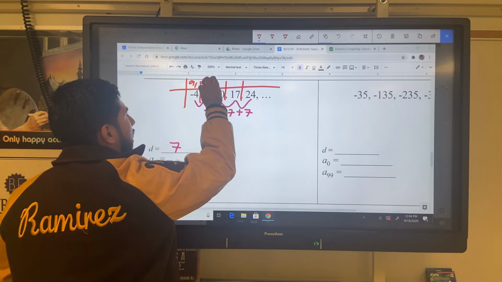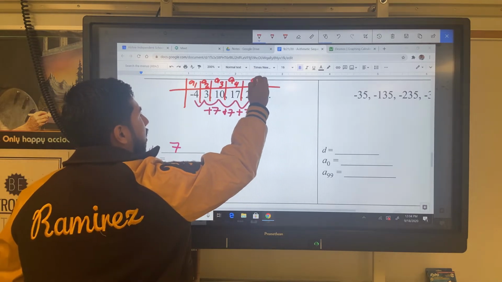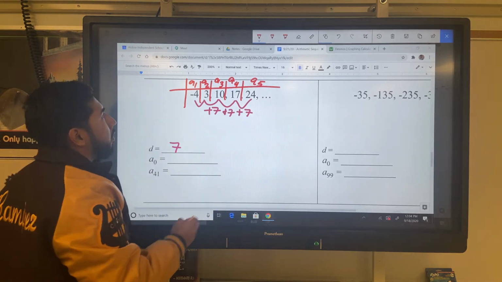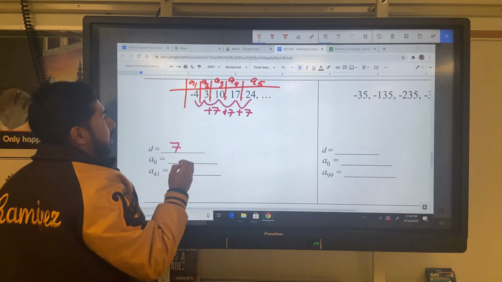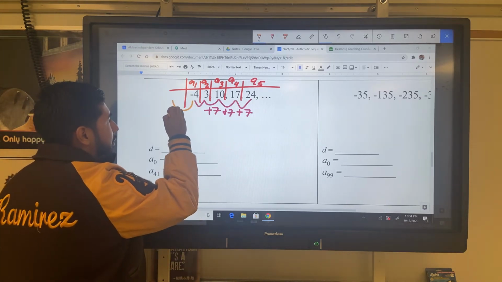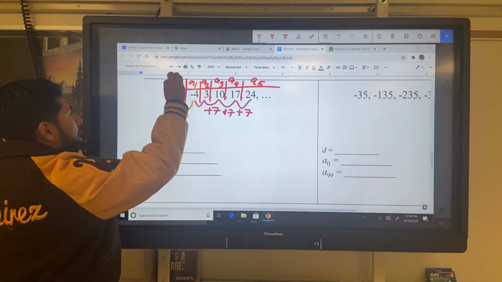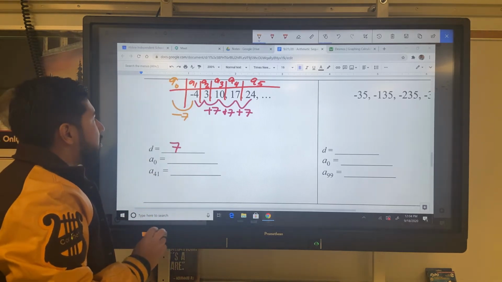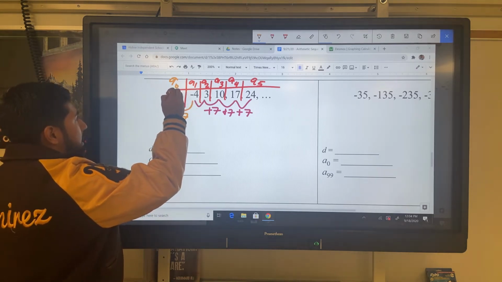A1, A2, A3, A4, A5. This should be already pretty routine. If we go backwards, we're not doing +7, we're doing -7. Use your calculator for additional help. It's okay to use your calculator. -4 minus 7 gives me -11.